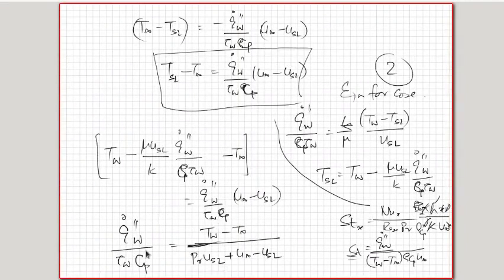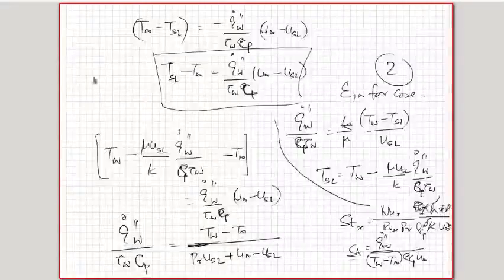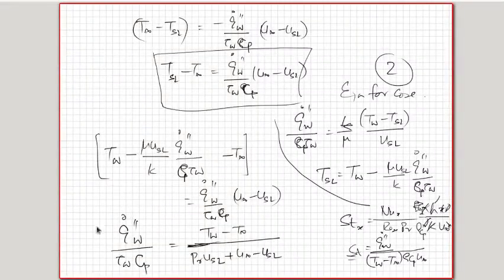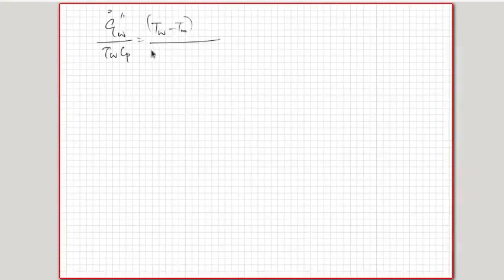Okay, so we'll write the same expression here. Q dot wall divided by tau wall CP is equal to T wall minus T infinity divided by Prandtl USL plus U infinity minus USL. Right, that's the expression that you have. Now, I bring this tau wall.